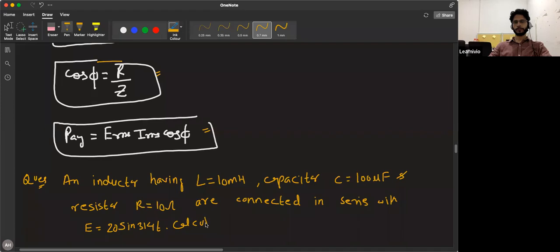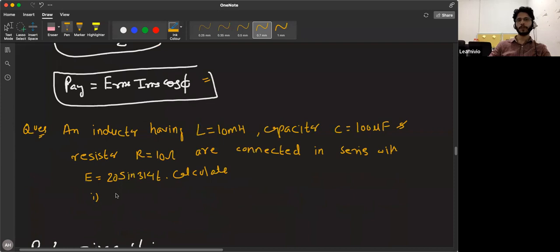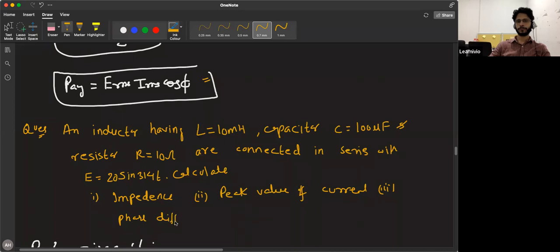Calculate: first part, impedance. Second part, peak value of current. Third part, phase difference. Fourth part, equation of current.